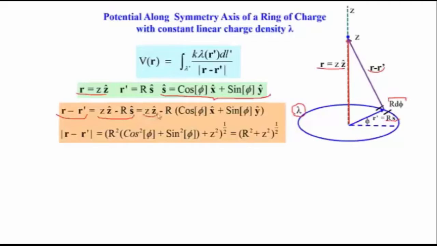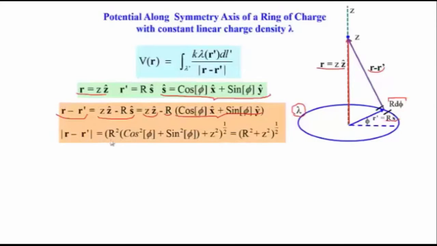Rewrite the equation by putting in s hat. So here's the same z hat. Here's R times s hat right here. But what we need for the potential is the absolute value, the length of that vector. To do that, you take the sum of the squares of the components.